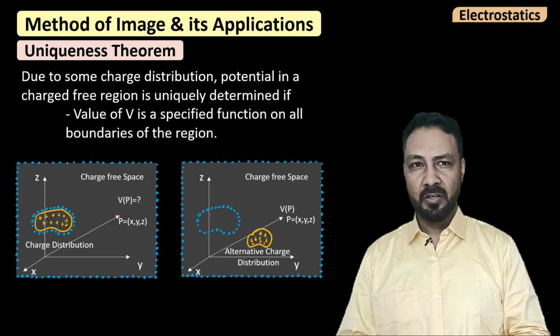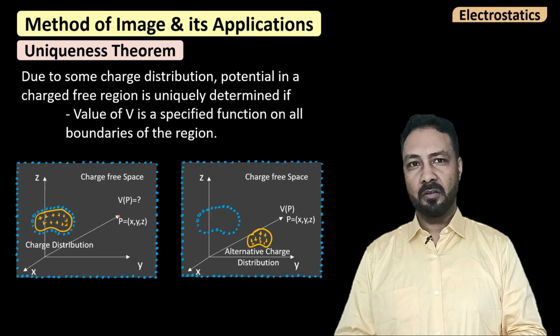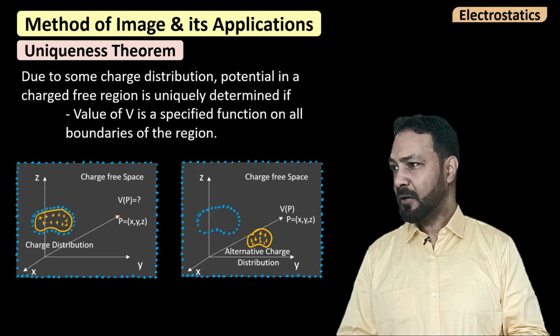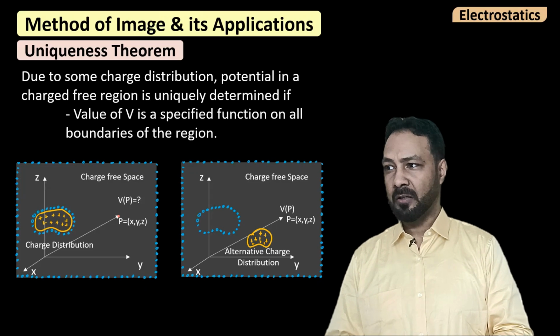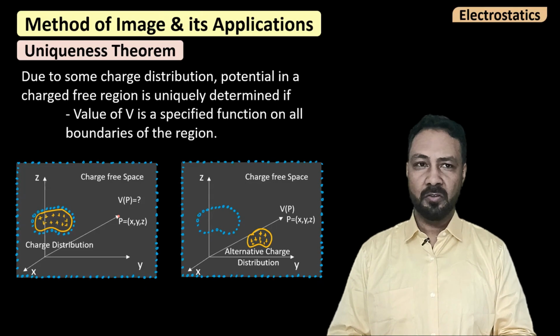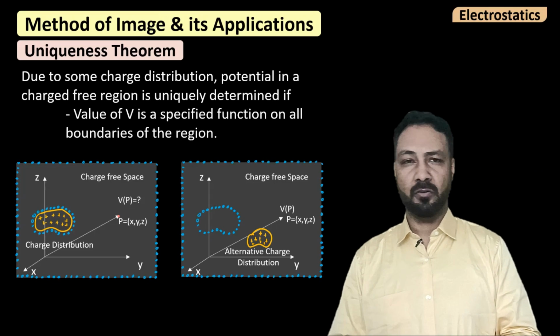If the alternative charge distribution gives me the same potential at the same boundary points, then according to the uniqueness theorem, at the point P I will have the same potential because of this alternative charge distribution as because of the original one.